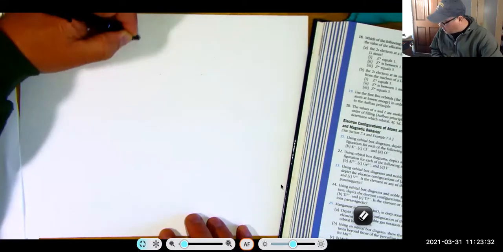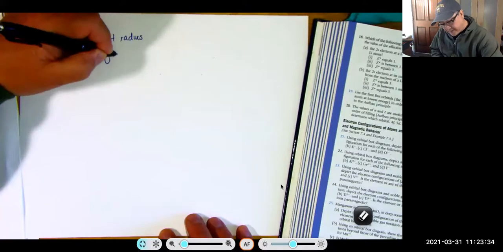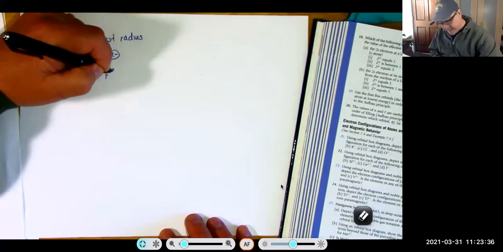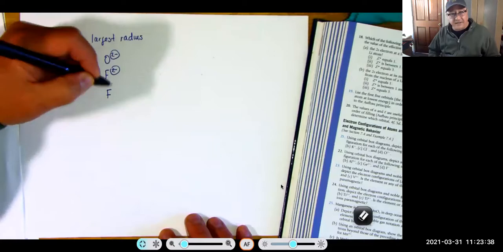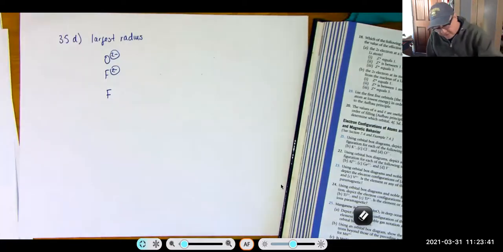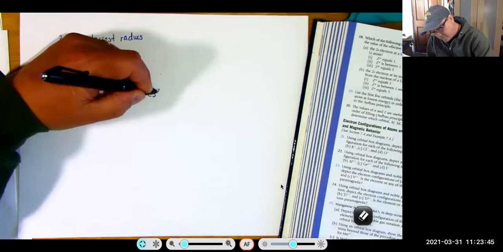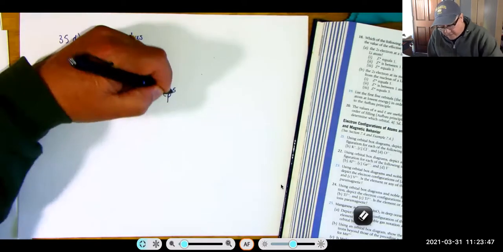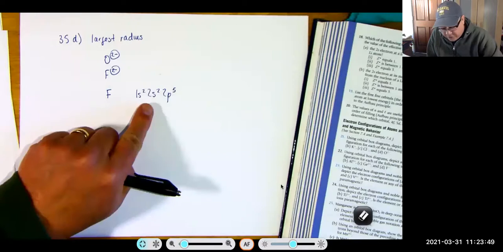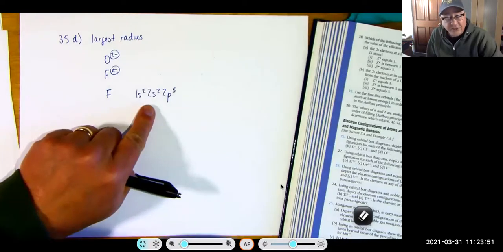We have O2 minus, F2 minus, and F. The electron configuration is going to help. For these, I often do not use the noble gas configuration.